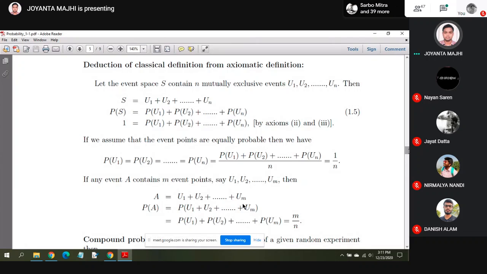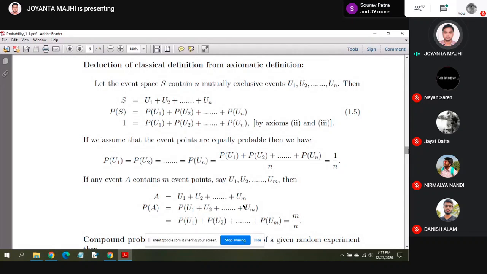This is the classical definition of probability. We derive that from the axiomatic definition, where m is the number of points of the event A and n is the total number of points of the sample space.